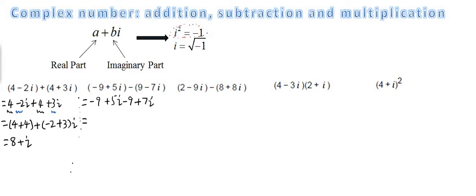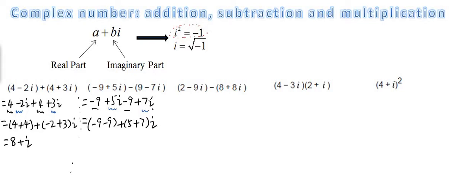Now we're gonna combine the real part and the imaginary part. For the real part, we have -9, -9, and for the imaginary part, positive 5 and 7, i.